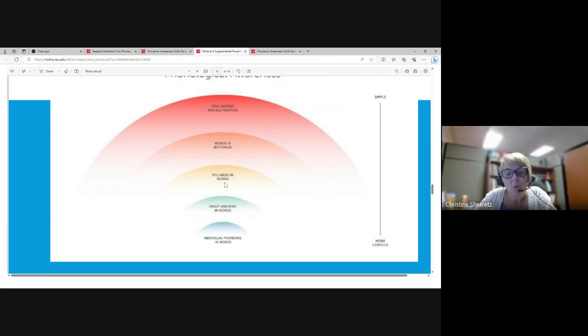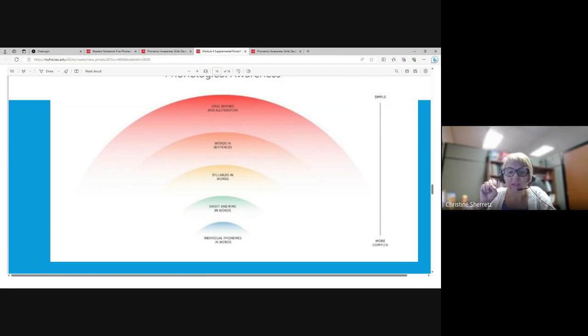They need to know that words are made up of syllables, and then you get into onset and rime, where we're breaking up a word into the rhyming parts. And then lastly, we get into individual phonemes.